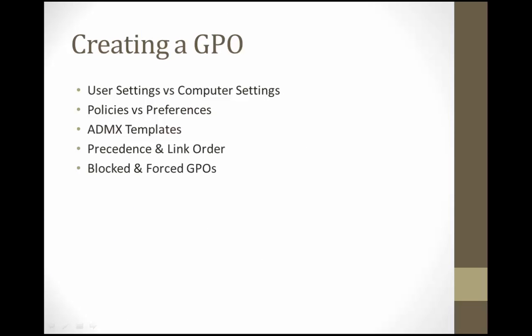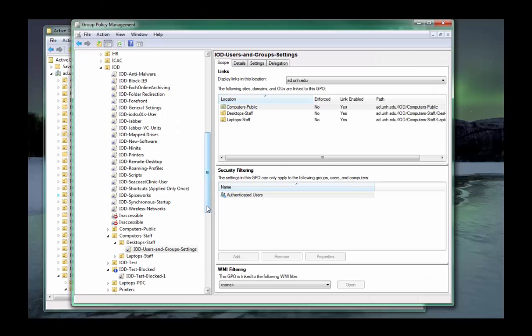Blocked and forced GPOs. Let's say that you wanted to test out a new policy setting, but you didn't want it to interfere with any of your existing group policy objects. Or let's say you have a whole bunch of settings and you want to create another OU within your organizational unit, but you don't want it to receive any settings.